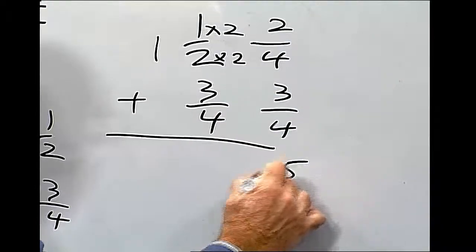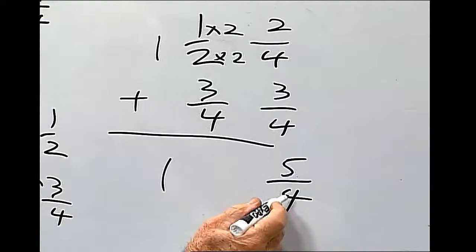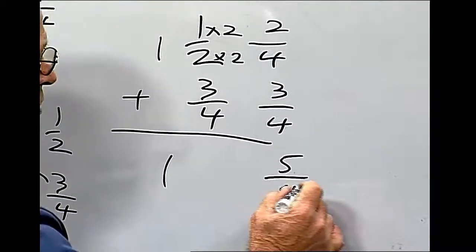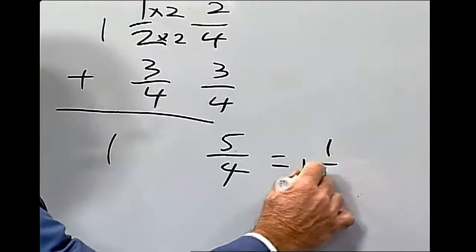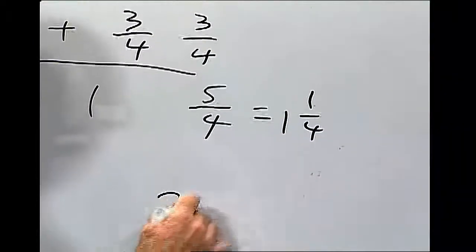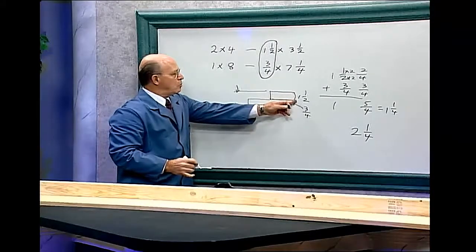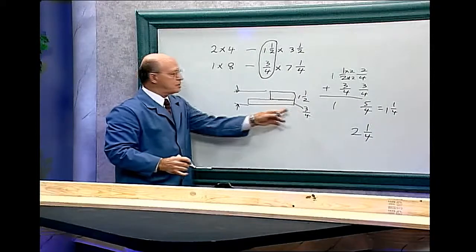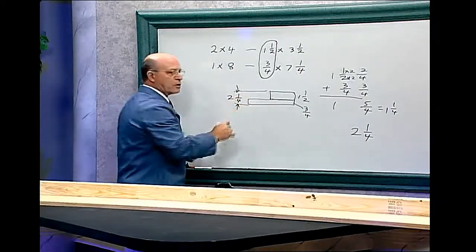That's 5/4 plus the 1. We want to reduce this to the lowest terms, and that will equal 1 1/4 plus the 1, and that will equal 2 1/4. So 1 1/2 plus 3/4 equals 2 1/4.